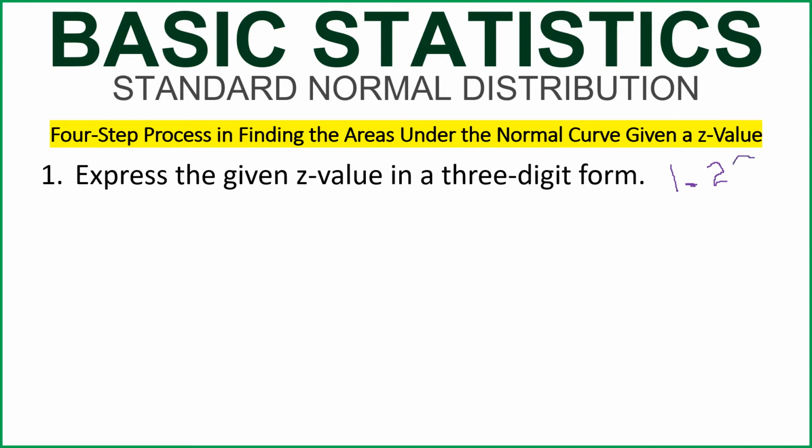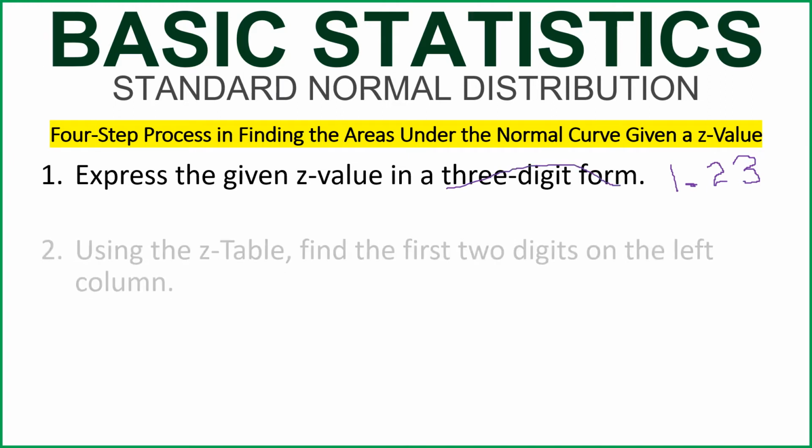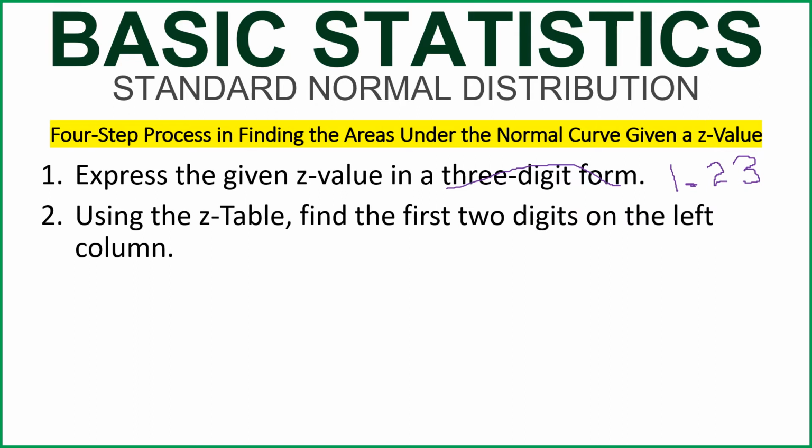So this is just an example. This is a 3-digit form, right? 1.23. So 3 digits siya. Next, use the z-table. Find the 2 digits on the left column. So, yung z-table, nandun sa SciPax nyo, tignan nyo na lang, page 32 siya. Pero, ipapakita ko din naman dito sa video.